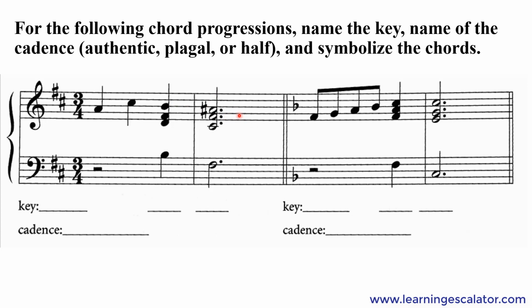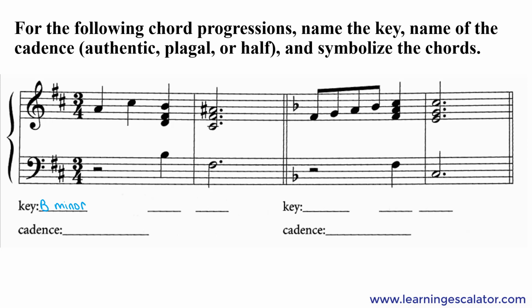Then you look if it ends on the tonic or dominant. The dominant of B minor is F sharp, and it ends on F sharp, and over here there's a B, so it's definitely B minor. So the key is B minor.